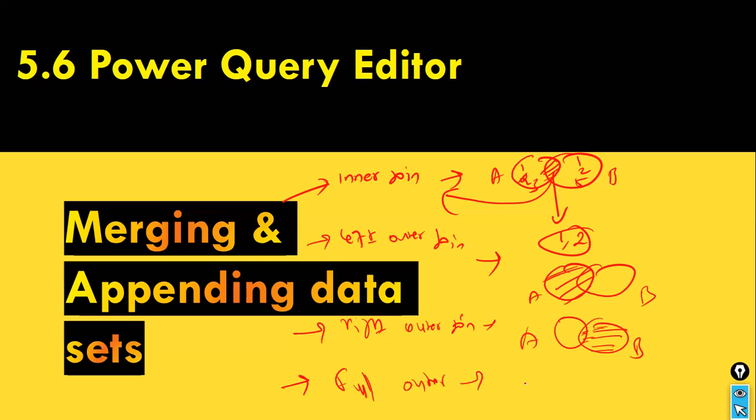In the case of full outer join, with A and B, all the values. With this Venn diagram, you can understand, right? All the values from both A and B.